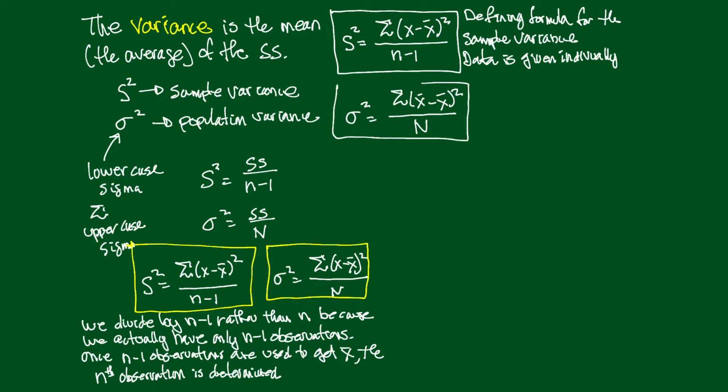Not n minus 1, but just n in this case, all right? So this is the defining formula for the population variance. And again, the data is given individually.